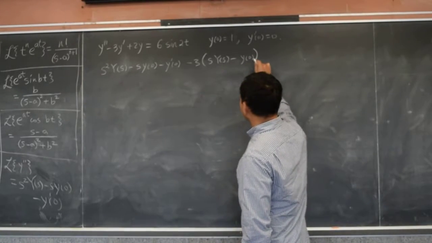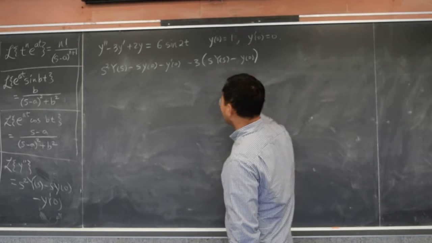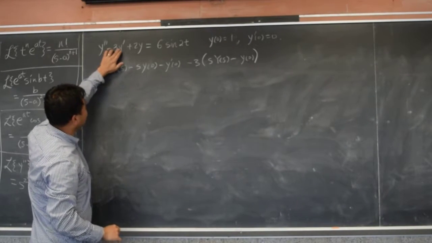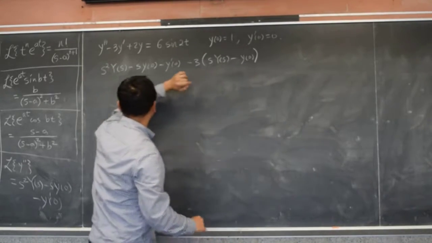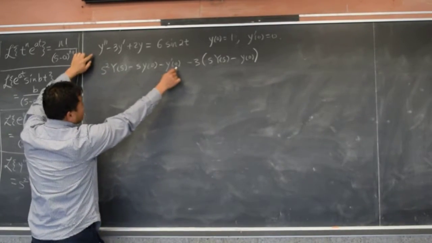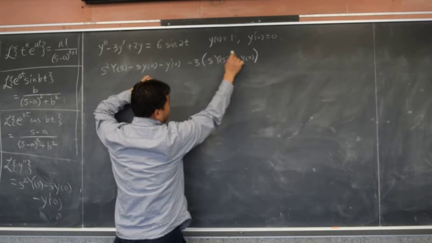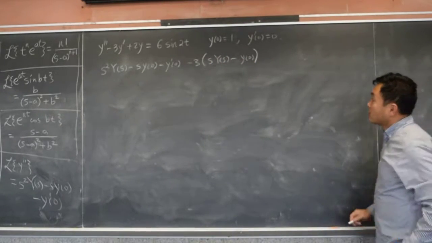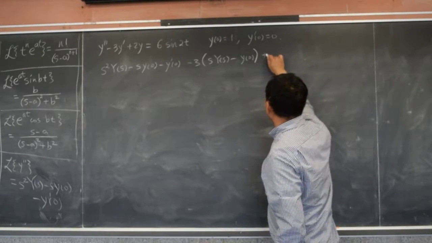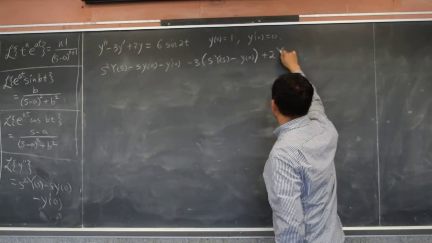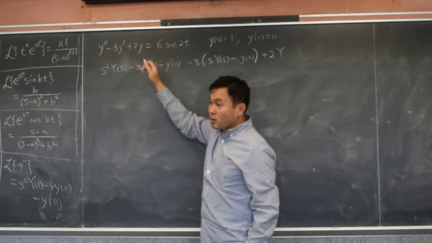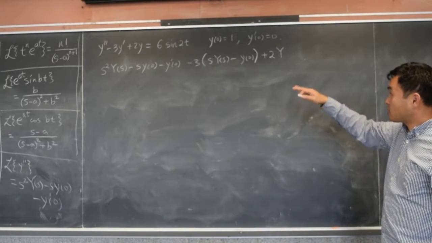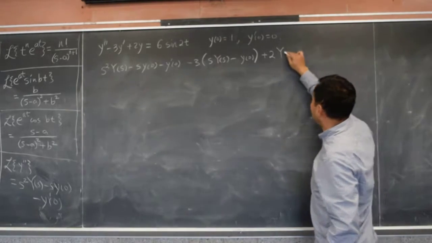That's another formula: if you apply Laplace transform to y prime, you get this. In fact, this result here can be obtained just by using this. I explained somewhere before. Okay, and then plus 2Y. So it's just y, a regular function of t. The regular function y of t gets transformed to Y of s.